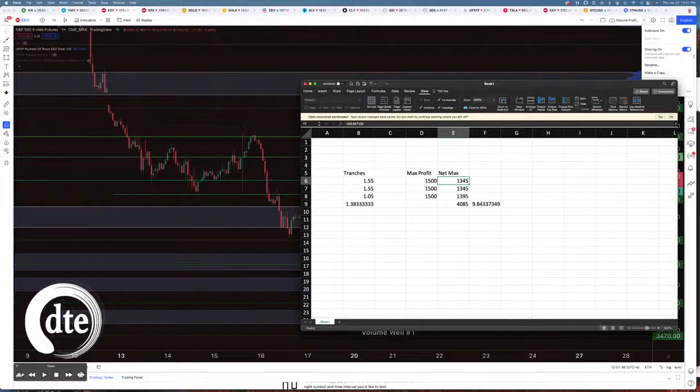A tranche is just a position, whether it's a butterfly or a spread or whatever. It's just whatever I put on, but it's one tranche, one part of my total position size. So these first two right here, they are one tranche. Maybe I can do a different color.